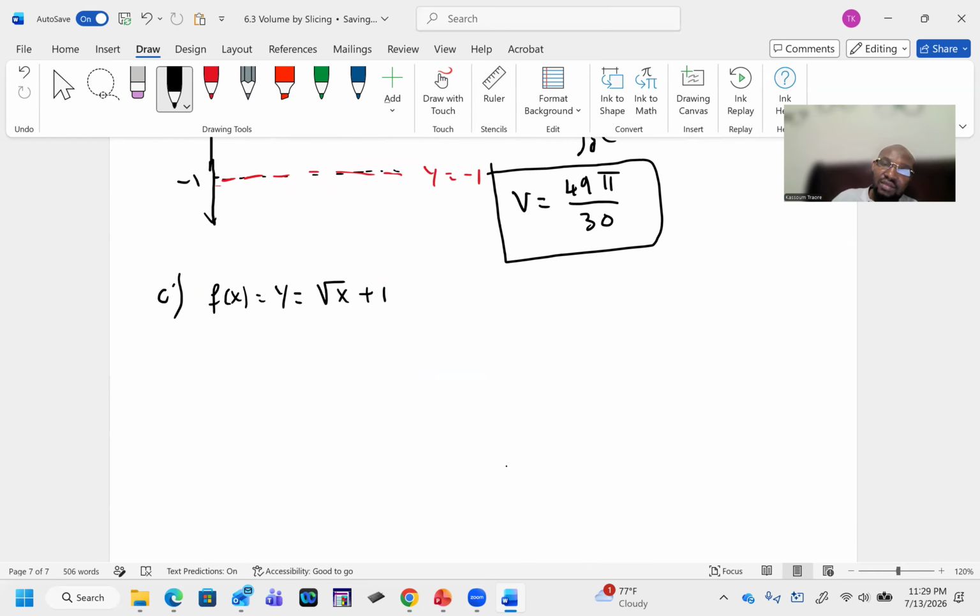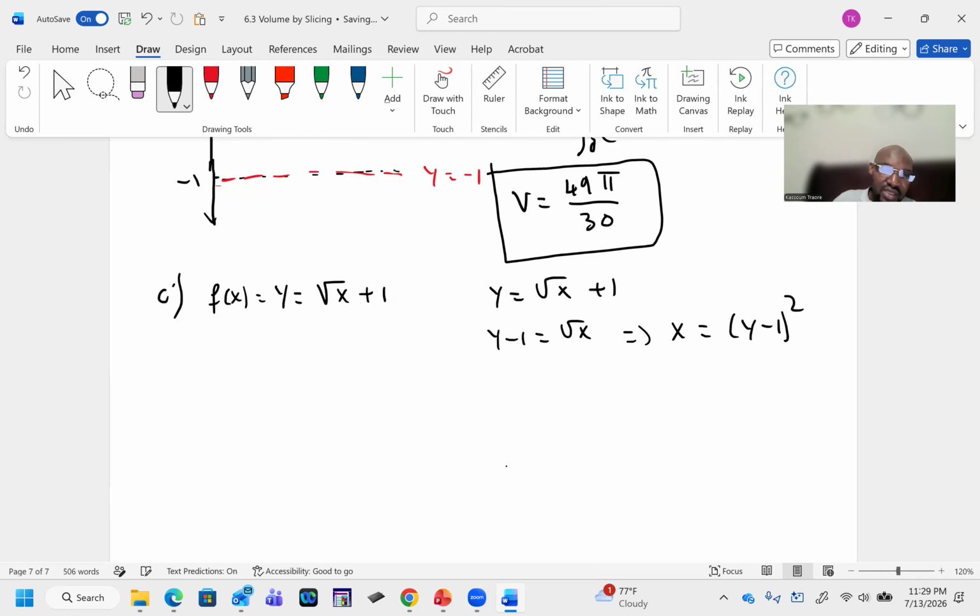Let me do that quick so you know exactly what we are doing. You minus 1 both sides, you will have y minus 1 is equal to square root of x. To get x by itself, you square. So x will be y minus 1 squared. Do you understand? So this is just to show you what your f of y is.